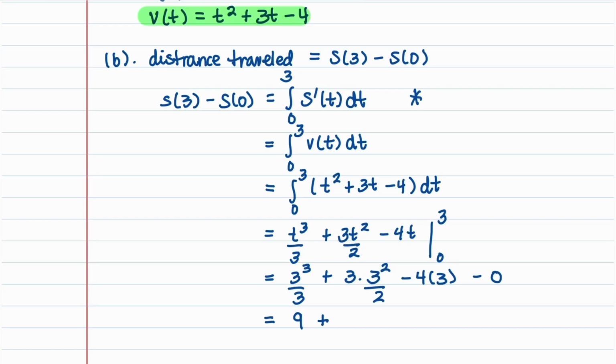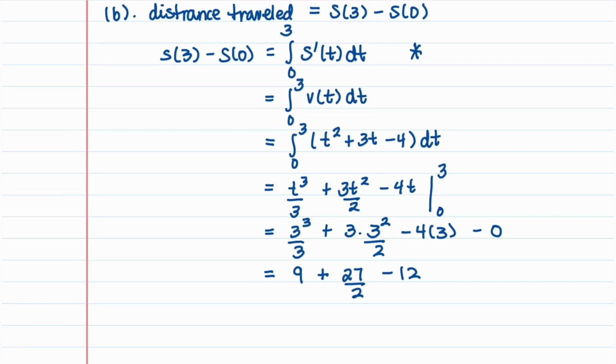And then we have 3 times 3 squared is 27 divided by 2 minus 12. This gives us minus 3 plus 27 divided by 2. We'll get a common denominator of 2, and that's minus 6 plus 27. So this gives us an answer of 21 divided by 2, and we need to put units with that.